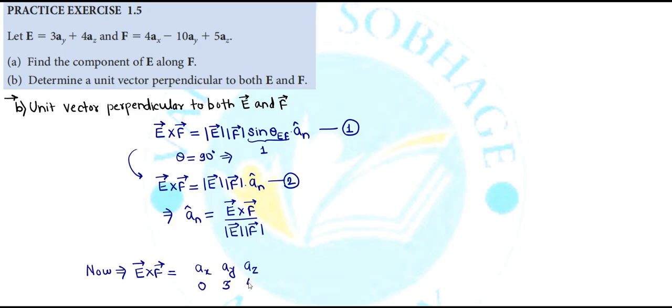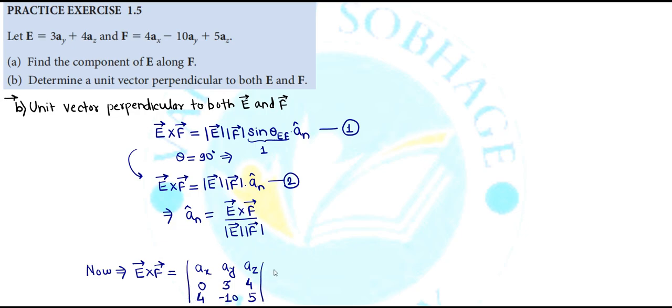Then for vector F we have 4, then minus 10, and then 5. So this completes your determinant.